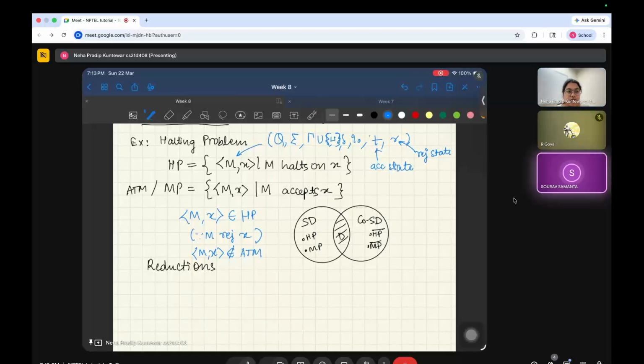Ma'am, in what context has the term halt been used here? If you have a Turing machine, it's not necessary that it will either accept or reject, it could just keep on going.